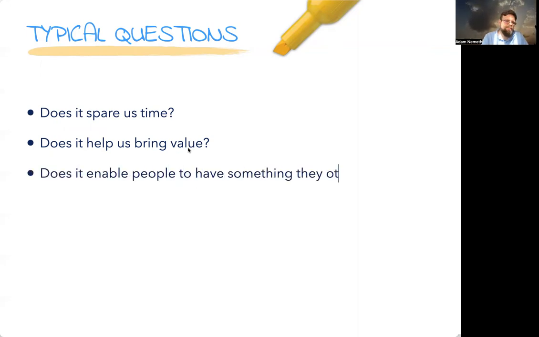And a lot of times, the question is: does it enable people to have something they otherwise can't? For example, GPS enabled Uber drivers to exist next to taxi drivers. They don't have to know the streets anymore. And there are services for disabled people, or for people living in remote villages, who can still get delivery. This is fantastic. So this is where we bring value.